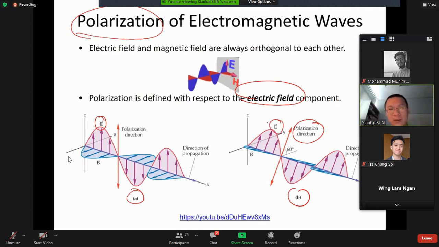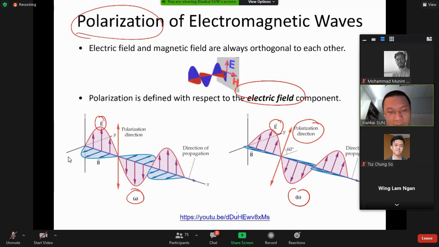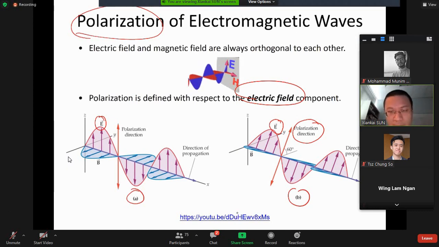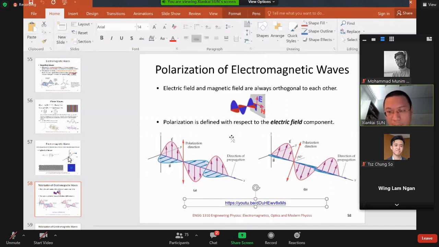Okay, in order for you to get a deeper understanding of that, we have an animation to show how a linearly polarized light wave looks like. Hold on for a second. Let me bring up the video.